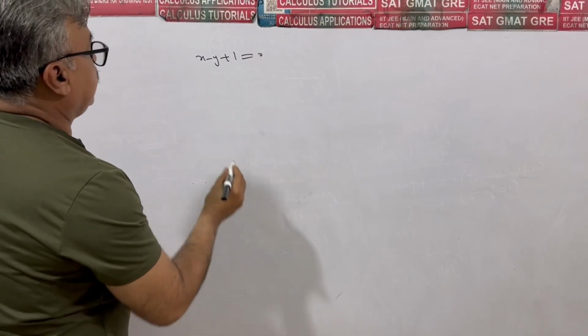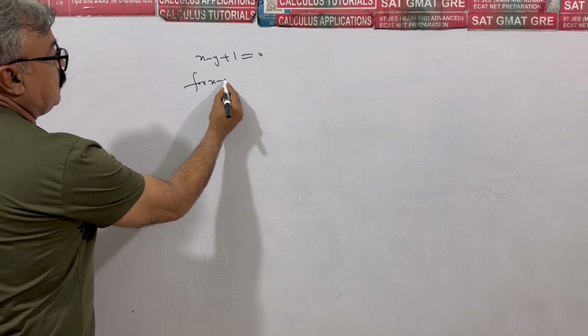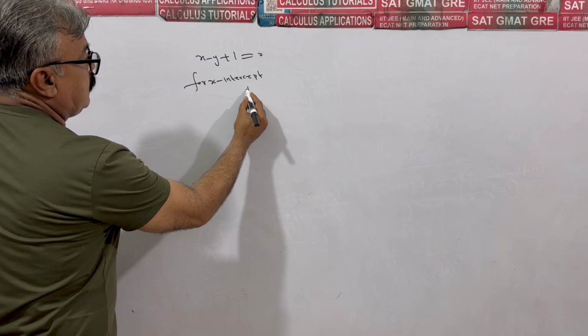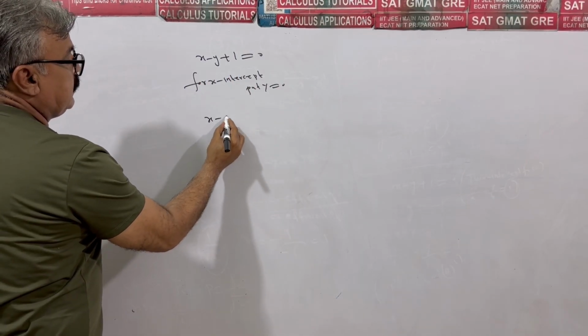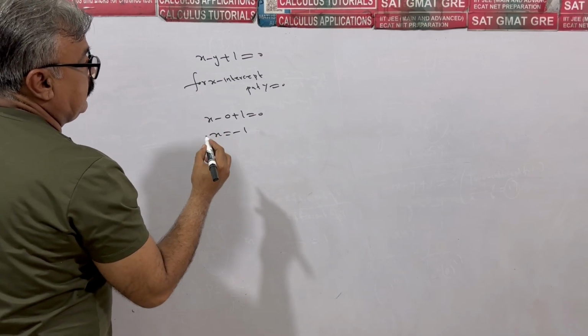Just find the x and y intercepts. For the x intercept, put y is equal to 0. If y is equal to 0, then we are going to have the value of x as negative 1.